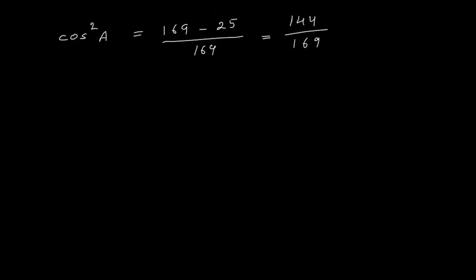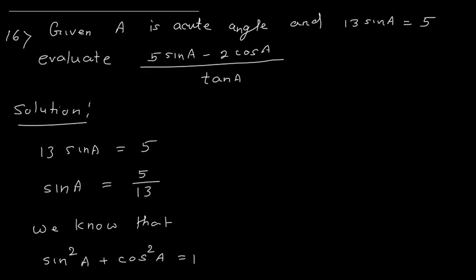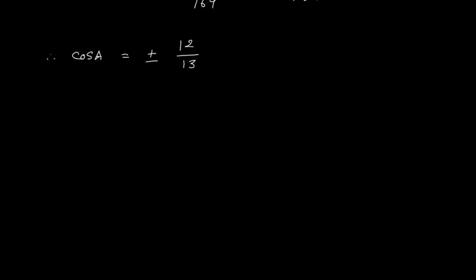So therefore I will say that the value of cos A is equal to plus or minus 12 upon 13. Now as A is an acute angle, we see that this cos A is plus 12 upon 13.